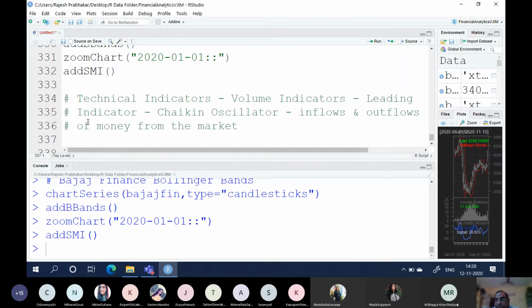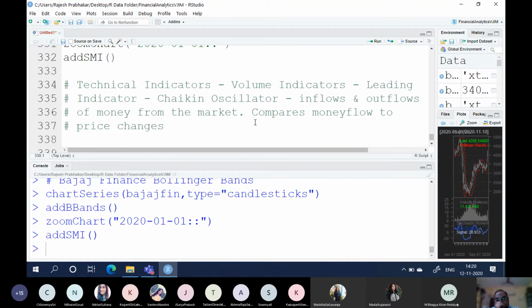It compares money flow to price changes. Chaikin oscillator, leading indicator. So it is very important for technical analysis.